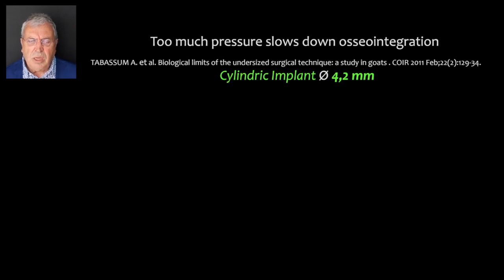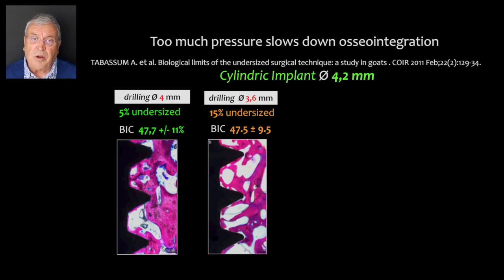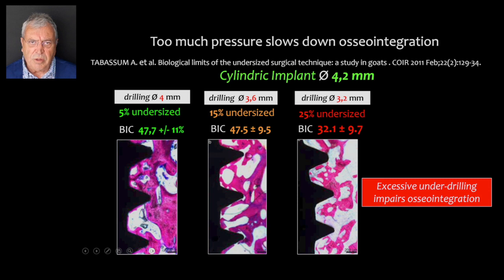He wanted to see after placing an implant with an undersized drilling, 5%, 15%, and 25%. Undersizing preparation of 5% or 15% does not affect the bone behavior. But when the preparation is 25% less, then we will meet an impairment of osseointegration.